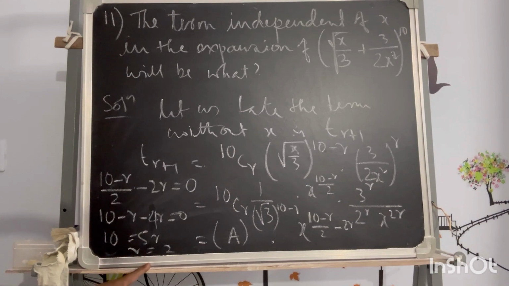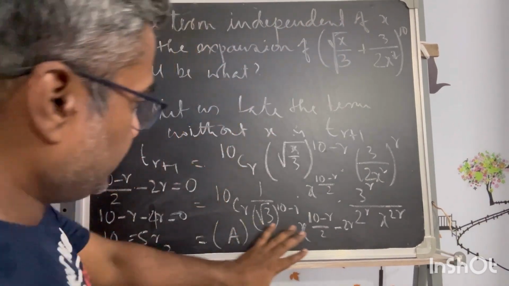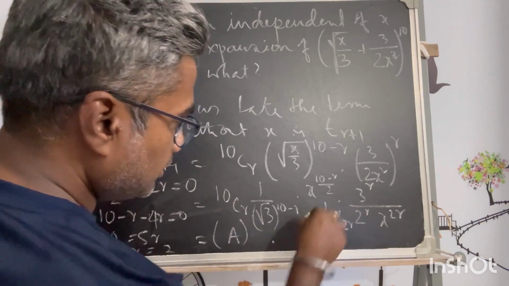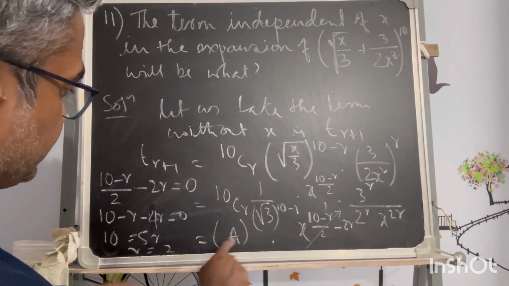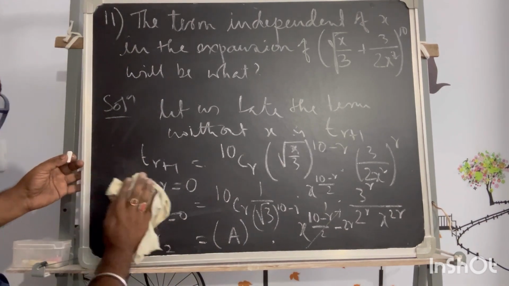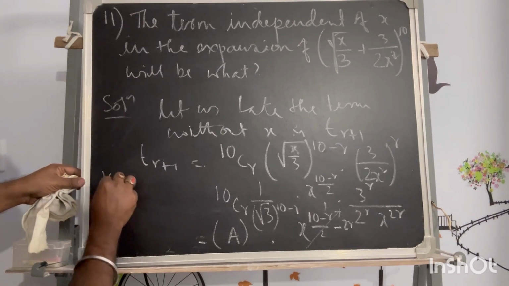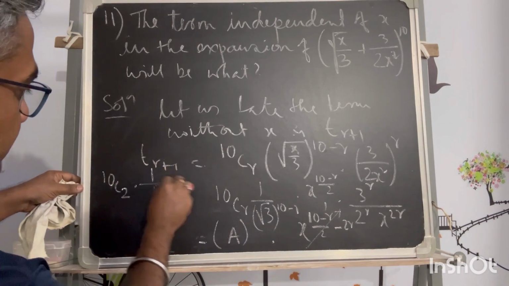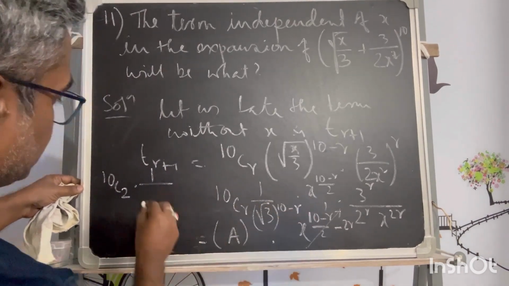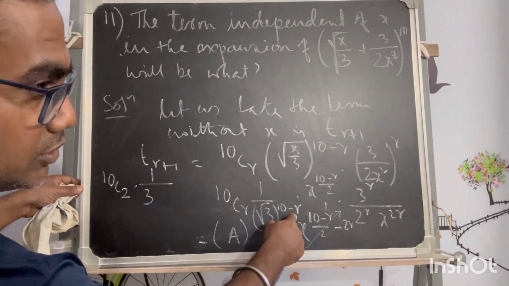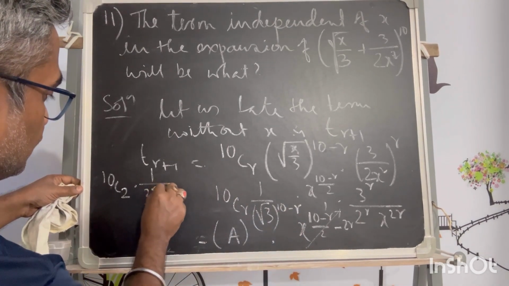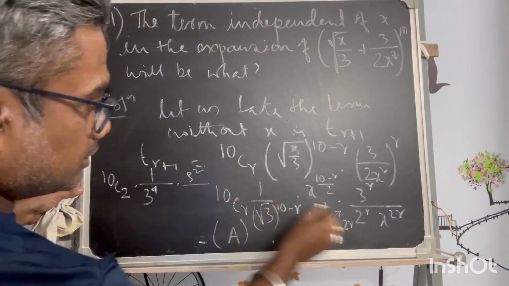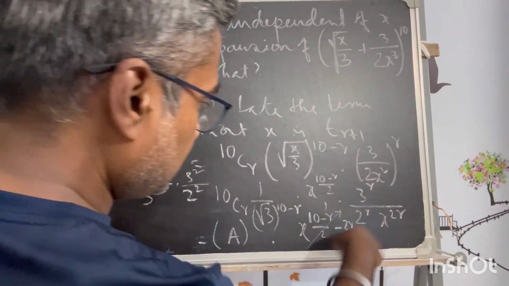Once I get r equal to 2, the term independent of x, x to the power 0, becomes automatically 1. Now my intention is to get the value of a. Now the value of a is how much? 10 C r, I have already found r is 2, and this 1 by root 3 whole to the power 10 minus r, so that means 3 to the power 8 by 2, which is equal to 4, and the remaining term here is 3 to the power 2 and 2 to the power 2, because all r values I have got.